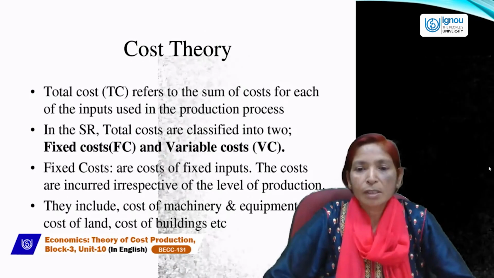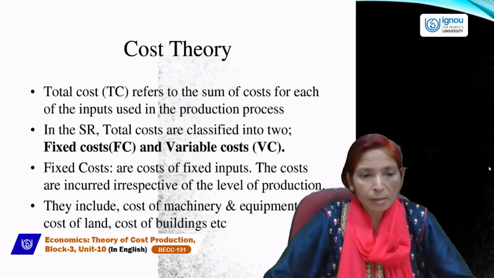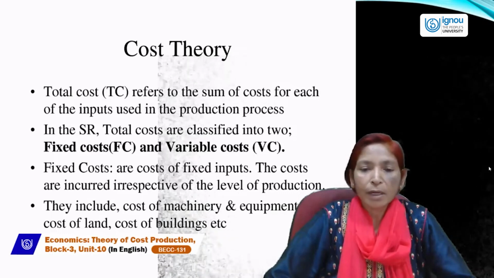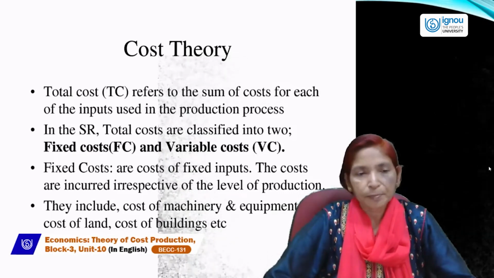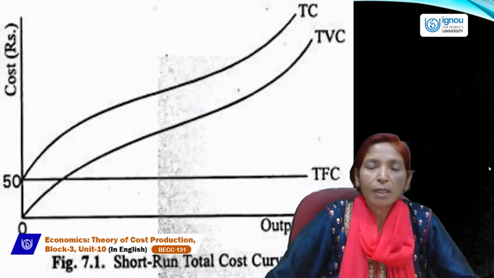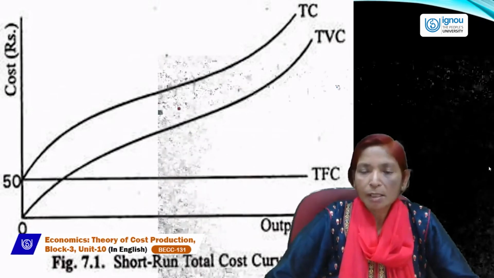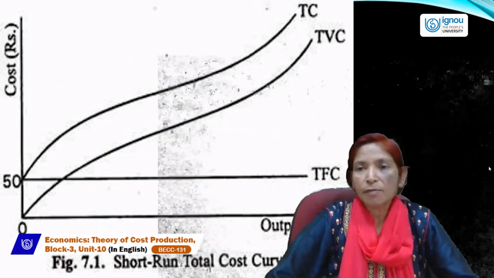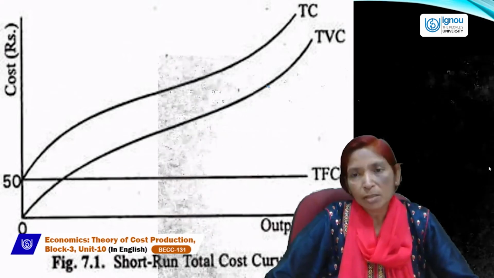So fixed cost is that cost which is incurred on fixed factors. It includes the cost of machinery, equipment, land, building, etc. Now, this is the diagram of three costs of the short run, like total fixed cost, which is represented by TFC. T means total, F is fixed, C is cost.